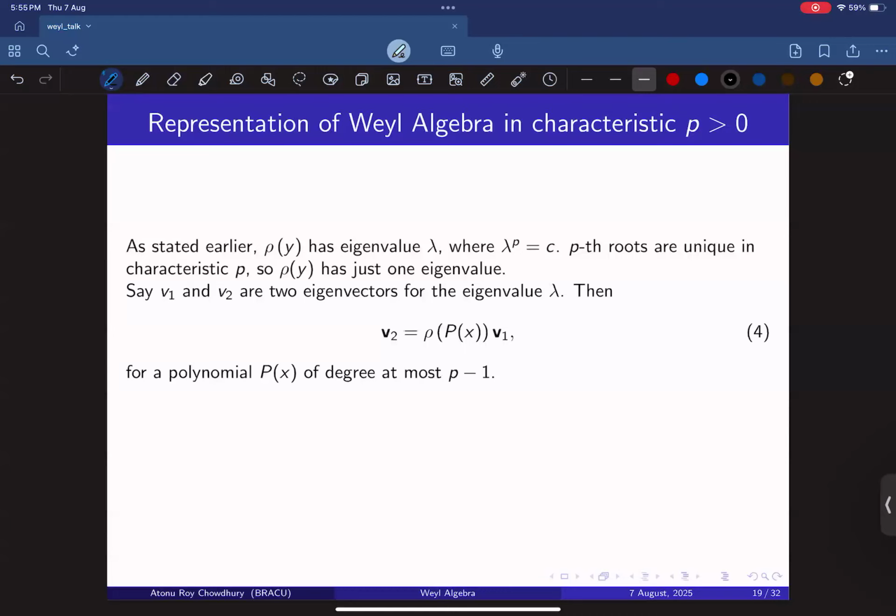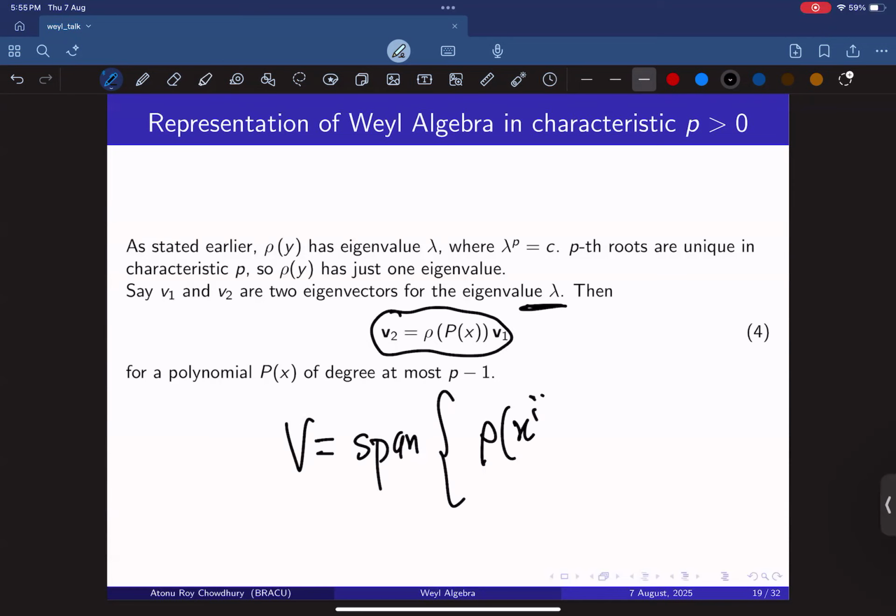So let's say v1 and v2 are two eigenvectors for the eigenvalue lambda. And we can assume something like this, that v2 is equal to rho of some polynomial in x acting on v1. Why? Because the vector space V is the span of rho of x to the i acting on v1, where i is from 0 to p minus 1.